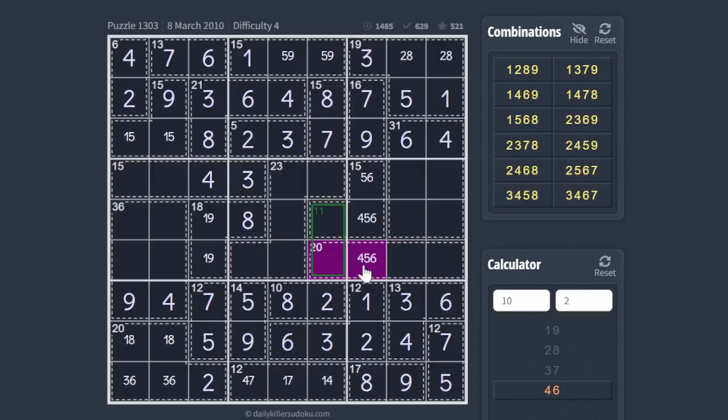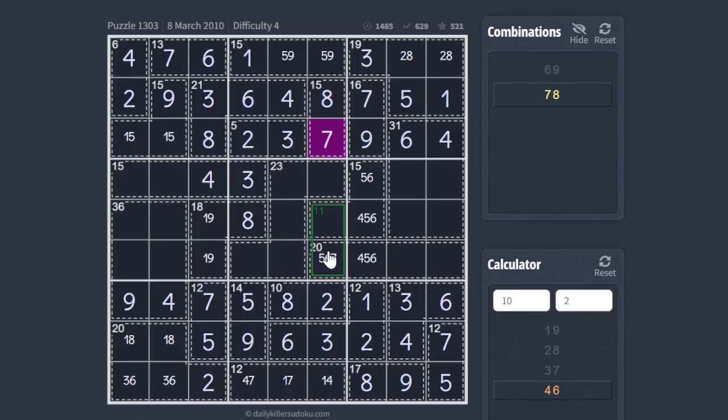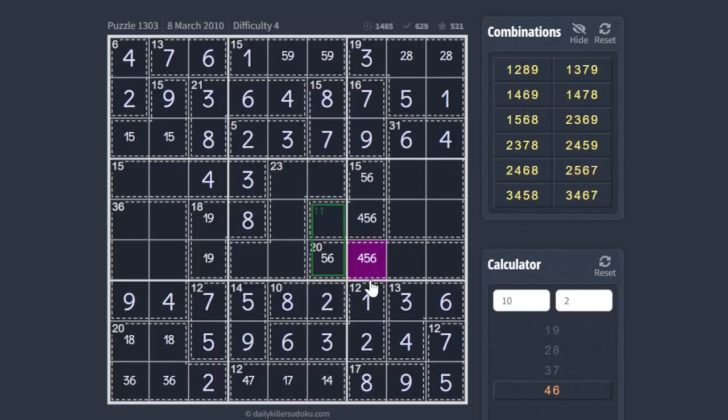So now, this could be 5, 6. The 5, 6 pairs with this 5, 6, and the 7 pairs with this 4. But we have a 7 here, so this cannot be a 7, and so this cannot be a 4.